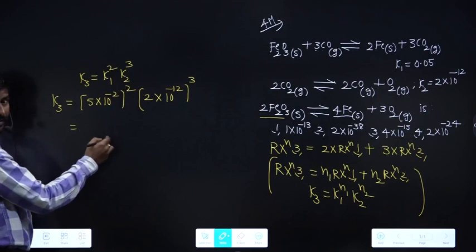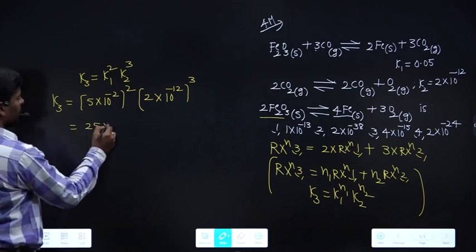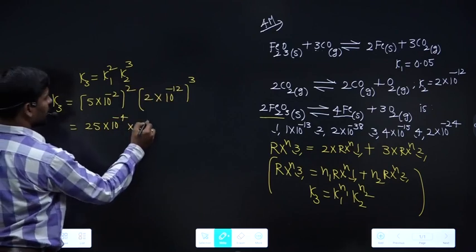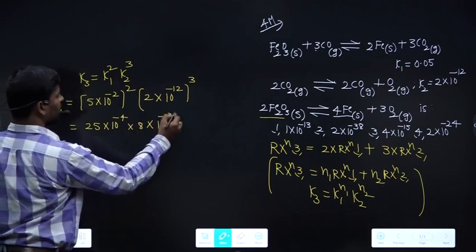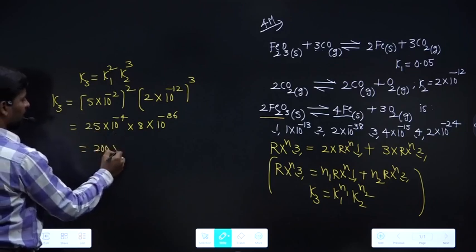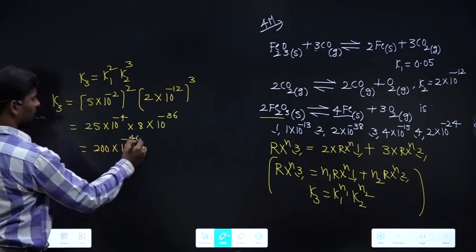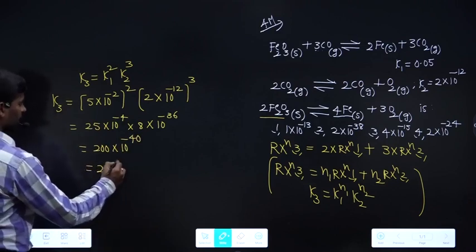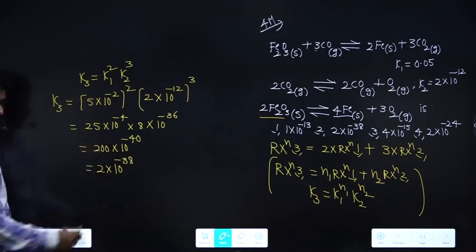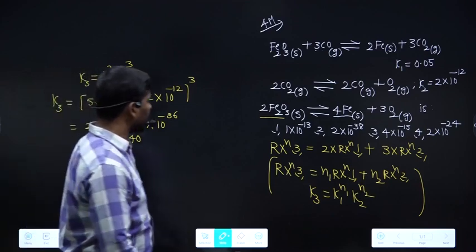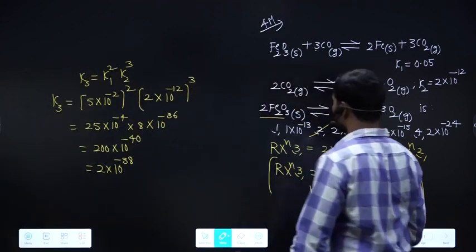So 5 squared is 25 into 10 power minus 4, 2 cubed is 8 into 10 power minus 36. 25 into 8 is 200, so 200 into 10 power minus 40. We can write 100 as 10 power 2, so that is 2 into 10 power minus 38. That is option 2.